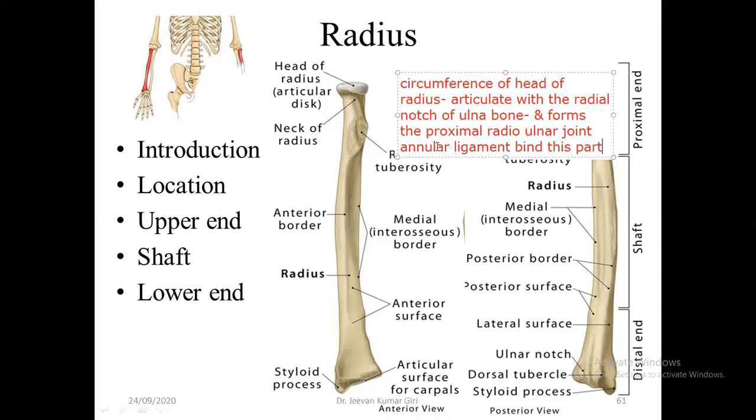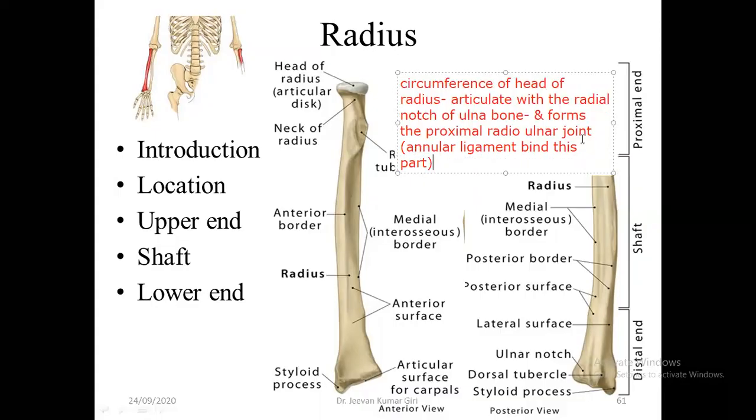So this annular ligament binds the circumference of the head of the radius with the radial notch of the ulna to make the proximal radio-ulnar joint. That is the name of the ligament, the annular ligament. Just remember this thing.